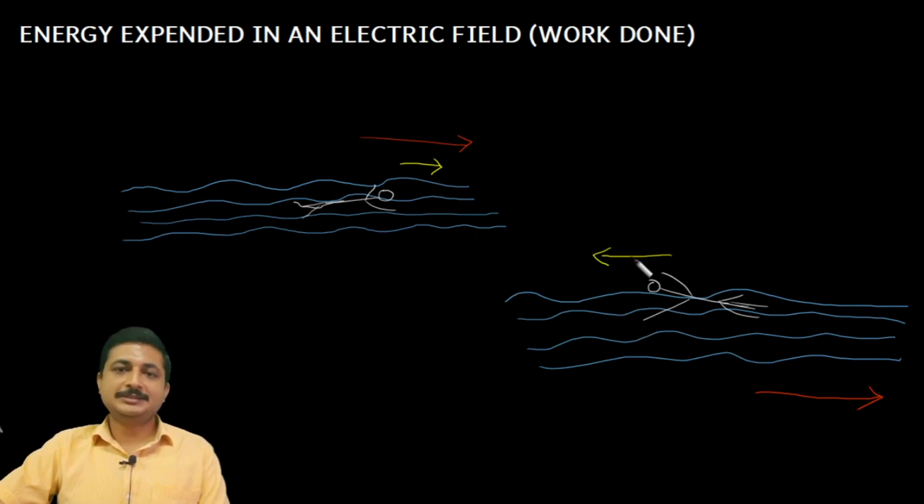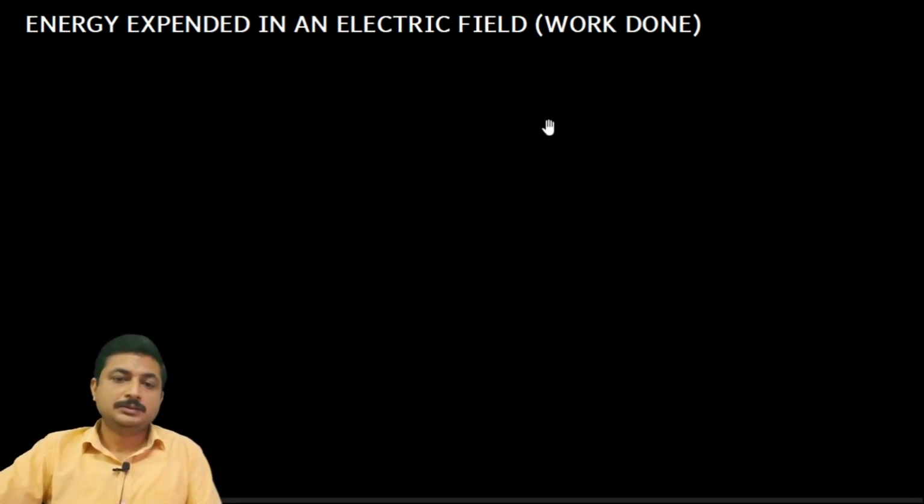Now keeping this in mind, let us take this river as the field and the swimmer as the charge. Let us see how we can mathematically express this in an electric field. So let me consider an electric field which is generated from a positive charge and is traveling towards some negative charge or infinity.